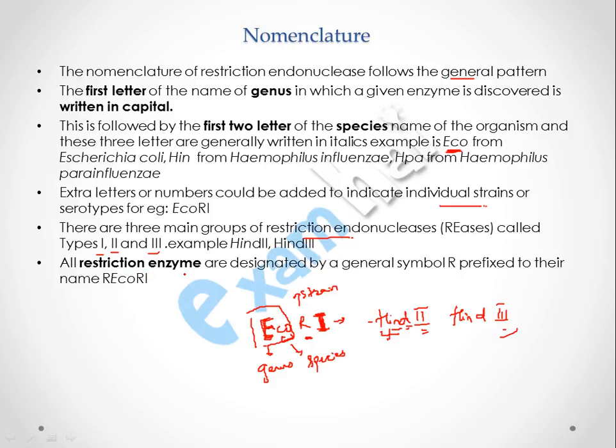All restriction enzymes are designated by the symbol R, which is a prefix to their name. So R followed by RI means that it is a restriction endonuclease of the organism E. coli, strain R, and the type of endonuclease is 1.